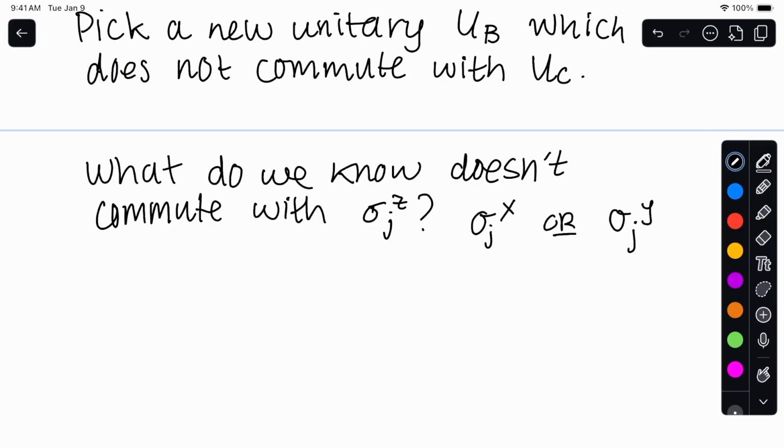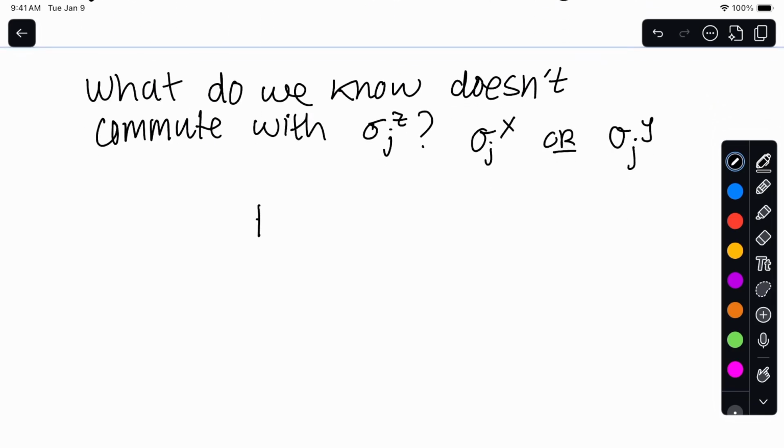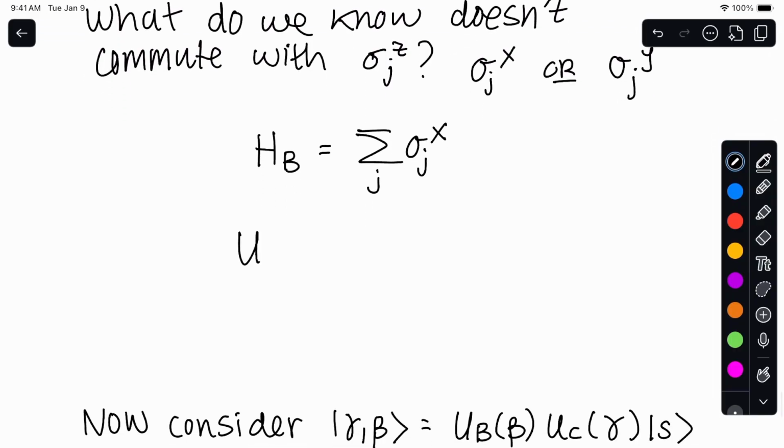There's lots of other correct answers too, but these are the simplest ones. So we'll call our mixing Hamiltonian this, and it would just be a sum of all the sigma x's. And then the unitary associated with that, which we can parameterize with beta, is going to be the product of all of these things.